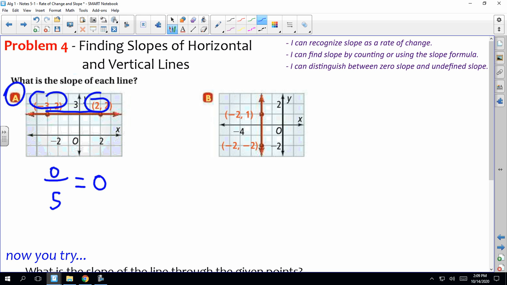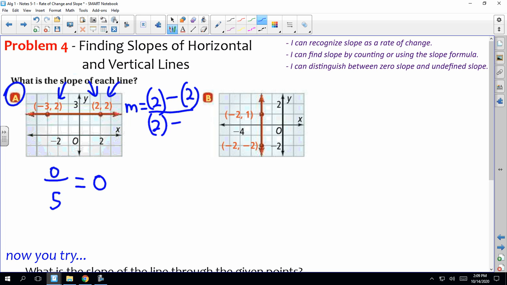Another way to think about this would be with the formula. If I use the formula, I would have m equals y2, which would be this guy right here, so 2, minus y1, which would be that other 2, over x2, which is 2, minus x1, which is negative 3.